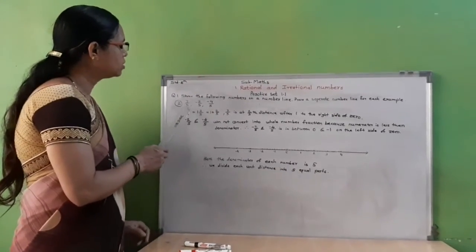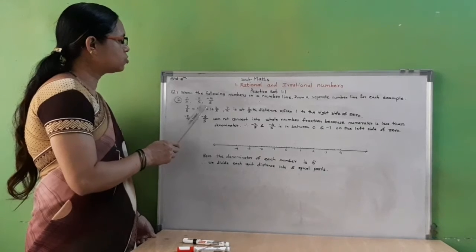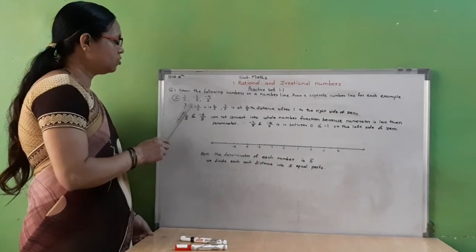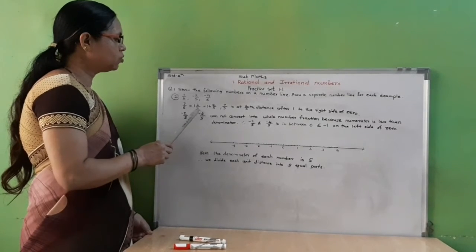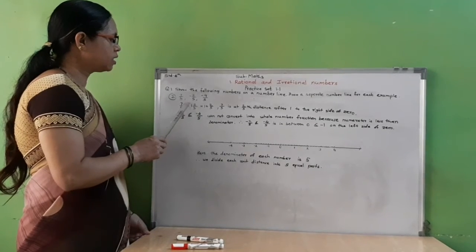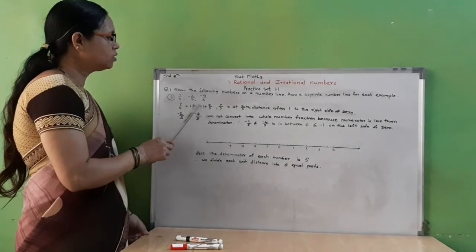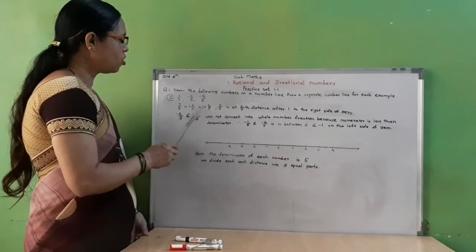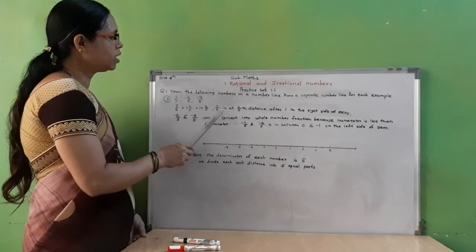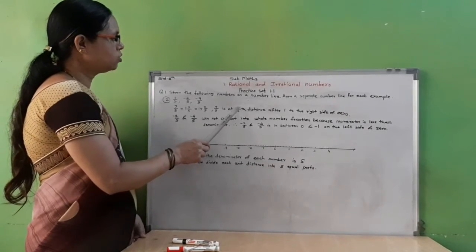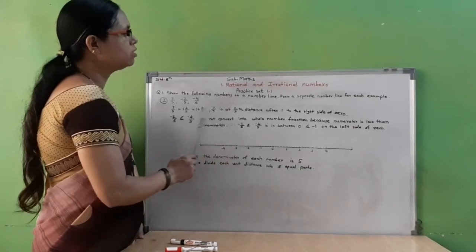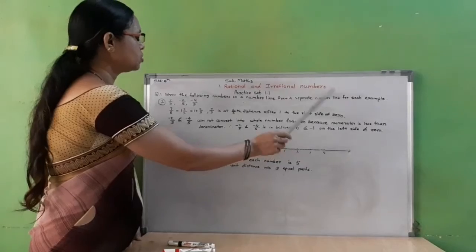Second example, 7 by 5, minus 2 by 5, minus 4 by 5. Convert 7 by 5 into whole number fraction. 5 1s are 5, 7 minus 5 remains 2. It can be written in addition form, 1 plus 2 by 5. 7 by 5 is at 2/5 distance after 1 to the right side of 0.